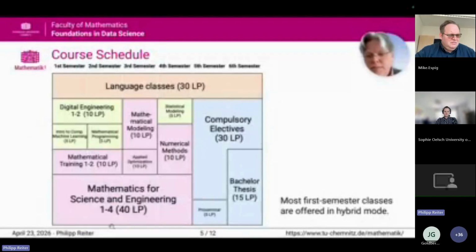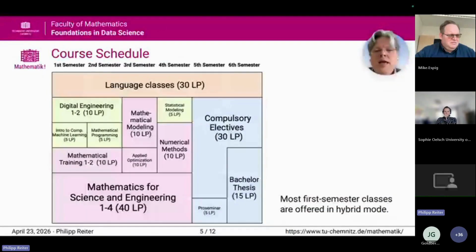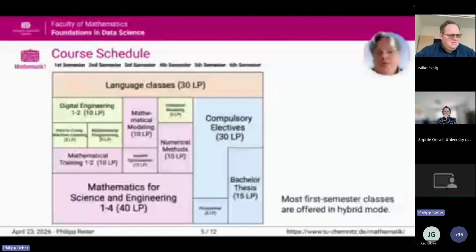We have this class, Mathematics and Science and Engineering, and additional classes in mathematical training and mathematical modeling. In the 5th and 6th semester, you have the option of choosing among a large number of classes. At the same time, we start with more specialized classes that focus on, for instance, machine learning and statistical modeling from the very beginning.